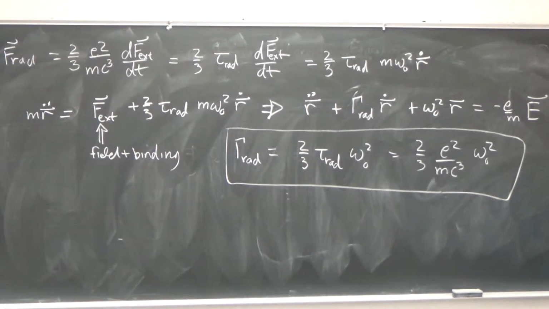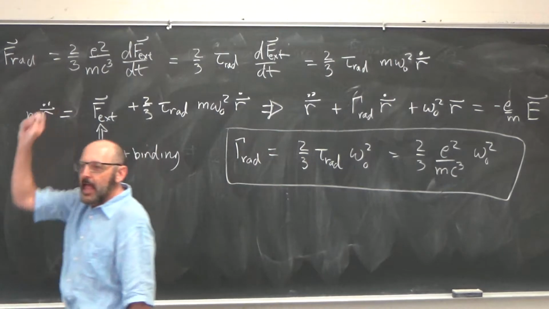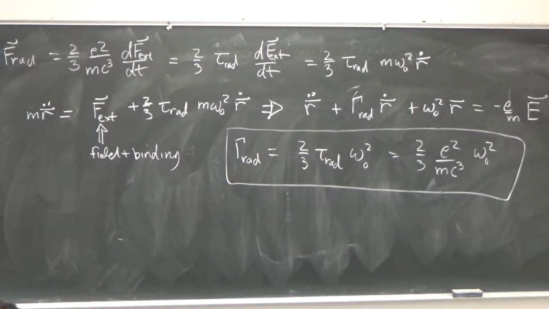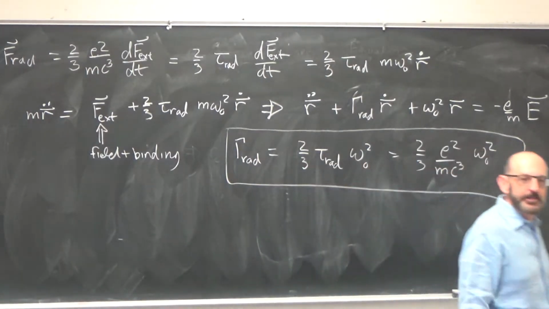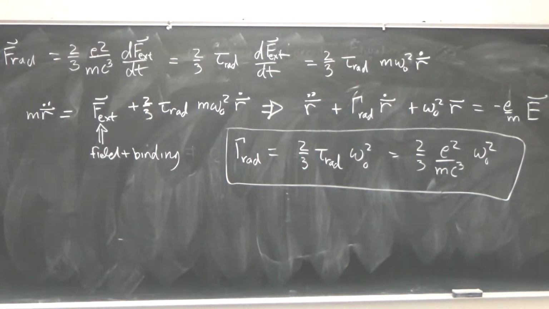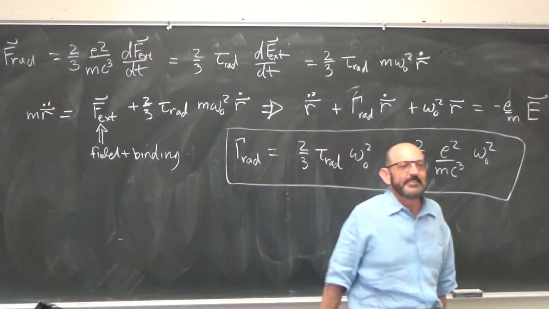Right, so interestingly, if you've never seen this before, this is the classical expression for radiation damping. If I have a mass on a charge on a spring, and I let it oscillate, and I want to know what is the rate at which energy would be damped from the system in this cockamamie classical picture with radiation reaction with some sleight of hand.